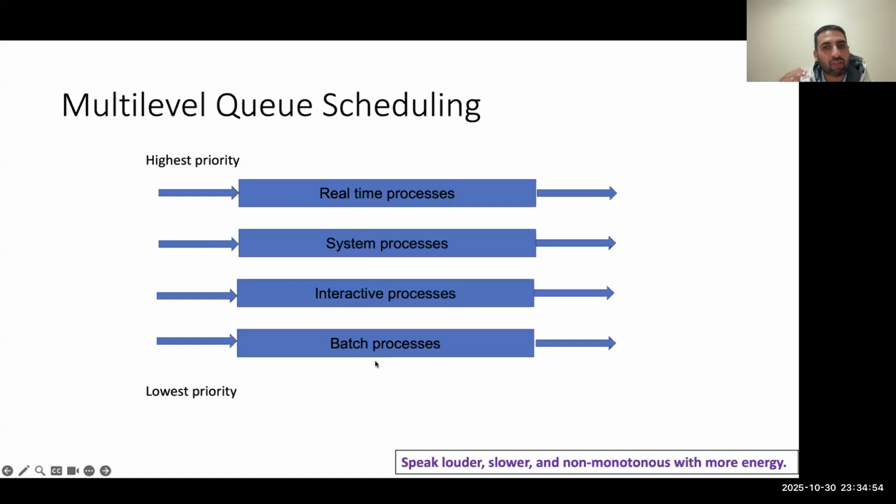So we have 4 priority queues, and a process of a particular type goes to its own queue. For example, a real-time process will go to the highest priority queue, an interactive process will go to the third queue, and so on and so forth.